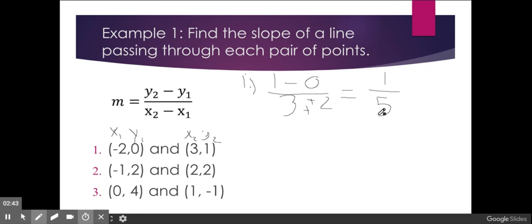Taking a look at example 2, I'm going to switch it up. So now I'm going to make this my x2, y2, and this my x1, y1. So if this is x2 and y2, my y2 would be 2, and then my y1 would also be 2. My x2 would be negative 1, and my x1 would be 2.